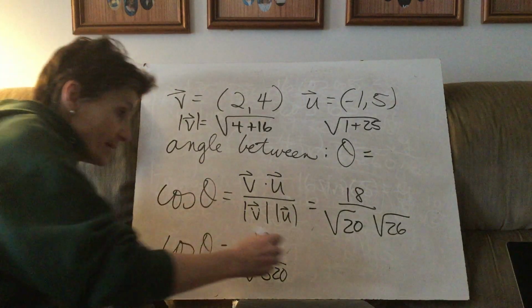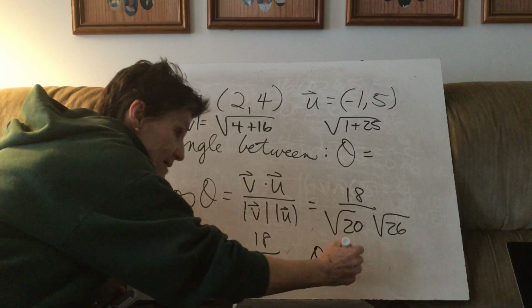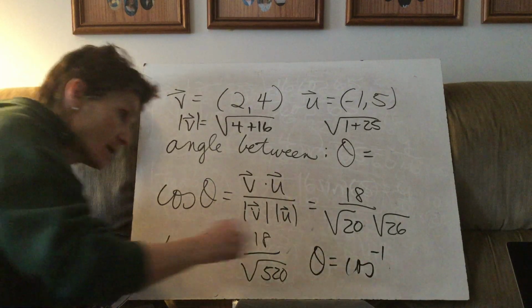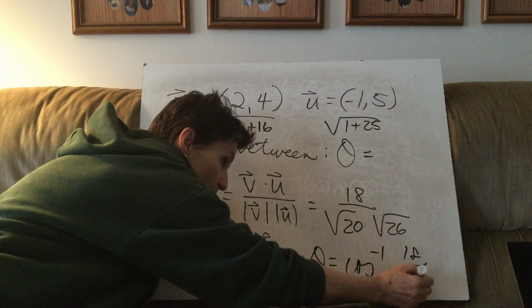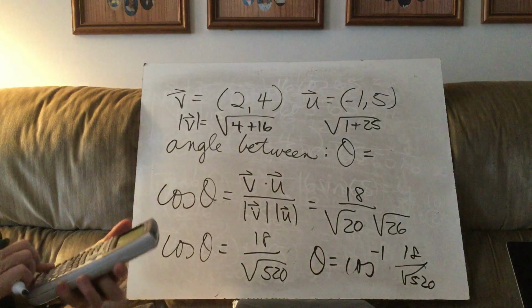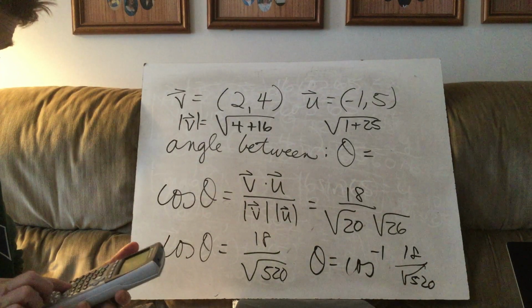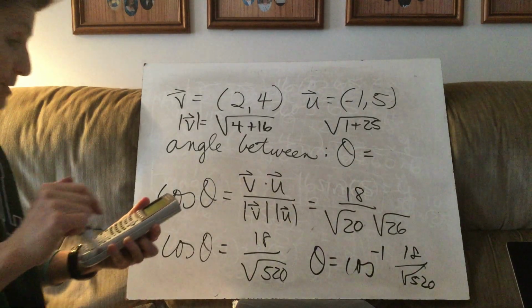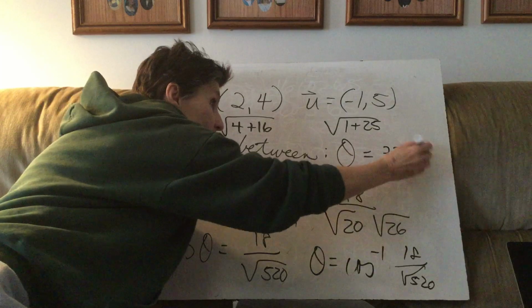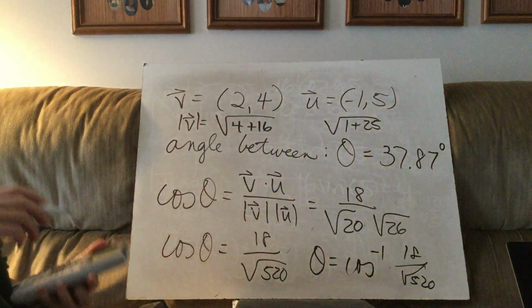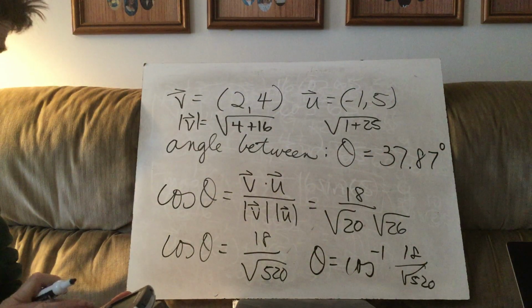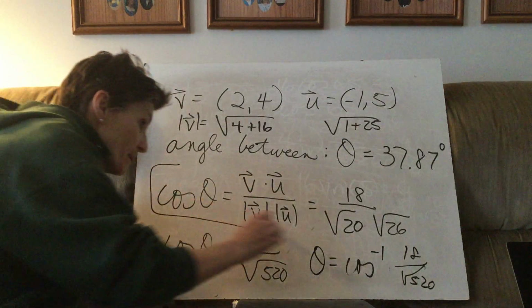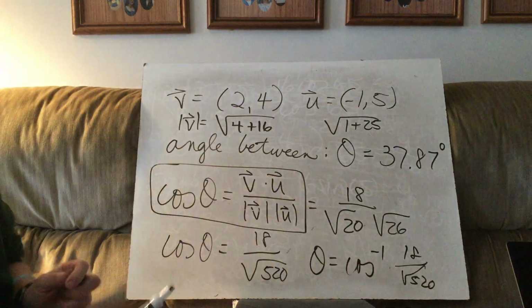And then to find theta, we're going to second cosine, because it's cosine theta, so we have to second cosine 18 over the square root of 520. So second cosine 18 divided by the square root of 520. 37.87 degrees. So the angle between the vectors is 37.87 degrees.